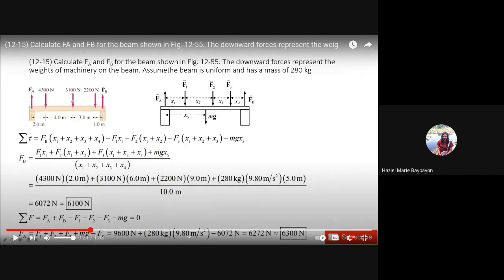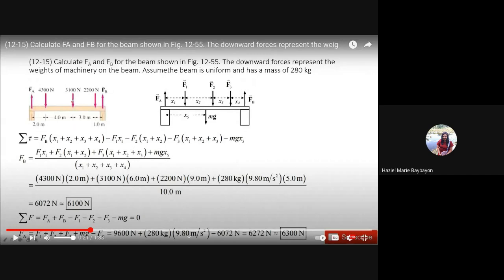So here you have positive torque 2, minus this 4,000 newtons times 2 meters, class. Minus 2 meters.